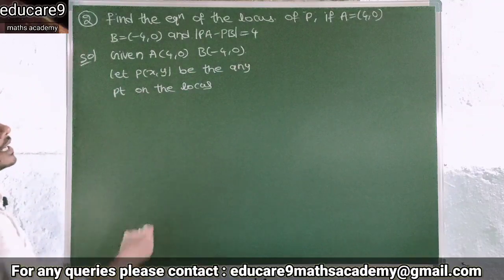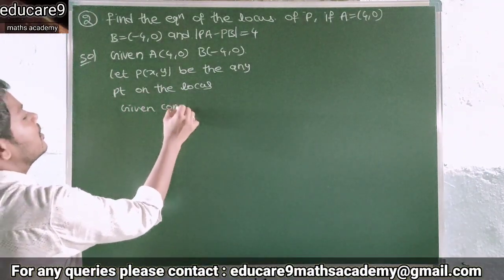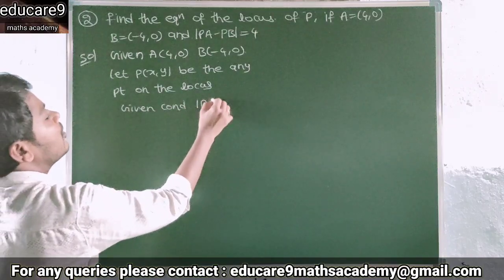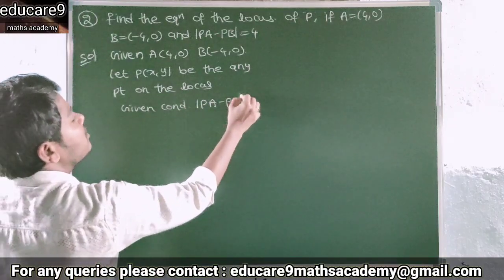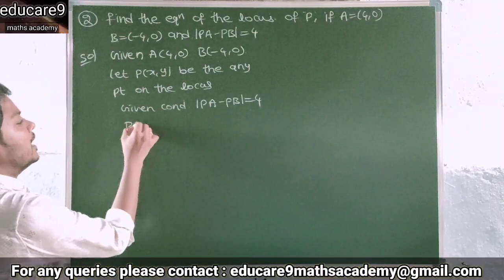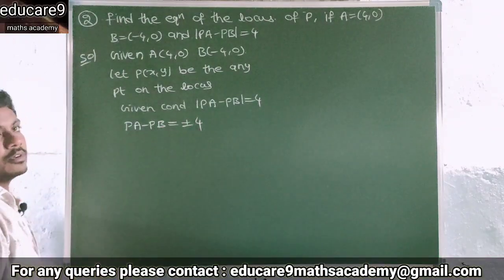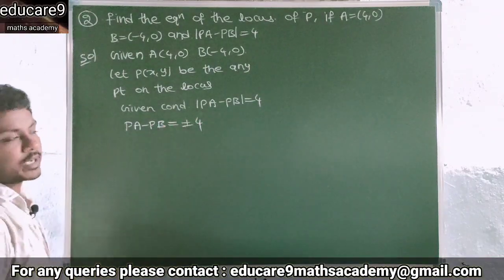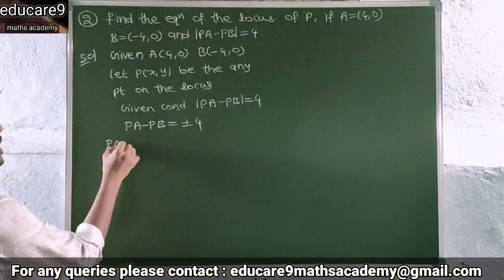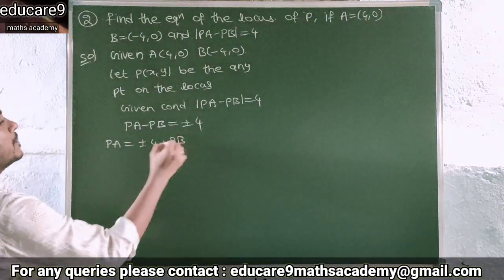So what is the given condition? Our given condition is |PA - PB| = 4. Now clearly this is PA - PB = ±4. If you remove the modulus, you will get plus or minus. Now PA = ±4 + PB.